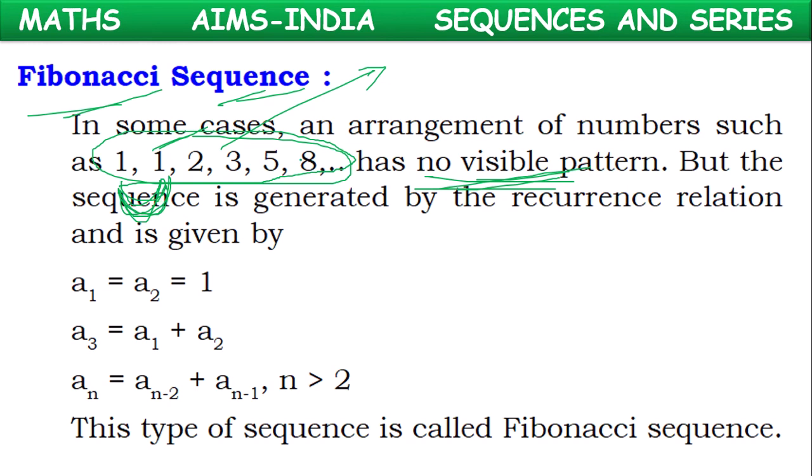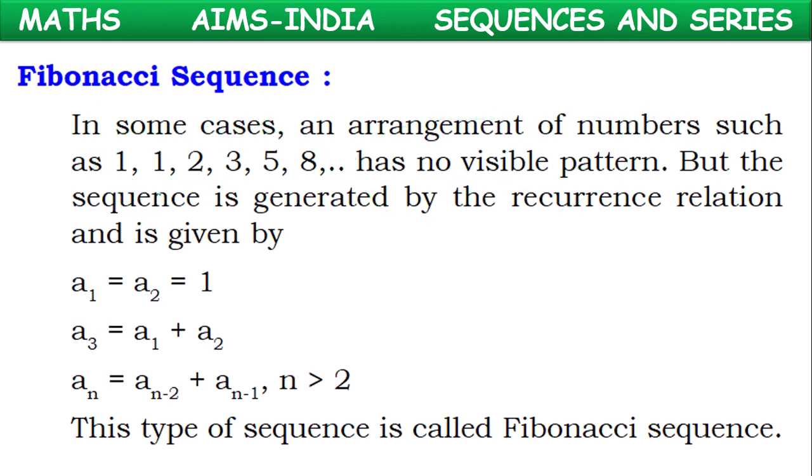But there may be some hidden pattern between them that we have to try to understand first. Though there is no visible pattern between the first two elements, there may be some recurrence relation between the other terms if you compare all the terms.